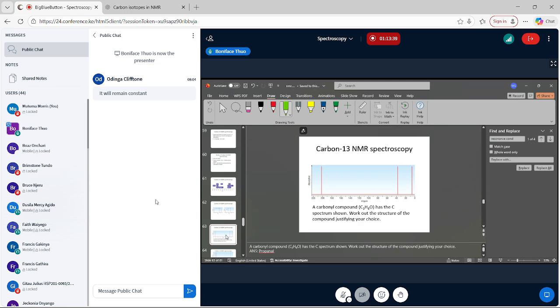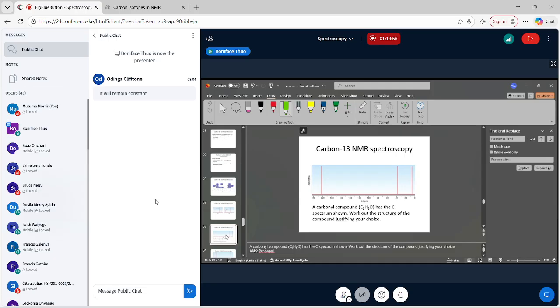So here we have another spectrum with 3 peaks. One peak is between 0 and 10. The other one is just below 40. The other one is just above 200.